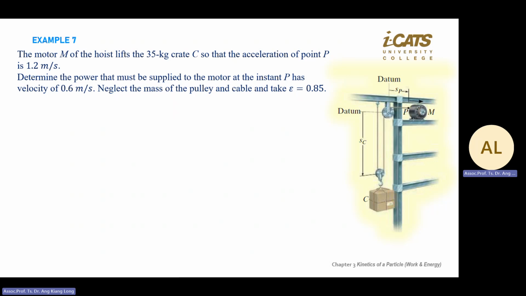Then power equal to dU/dt, the time differential of your work. Then efficiency equal to your output divided by your input. So it can be energy, it can be power. So these are the three ratio equations for chapter 3.